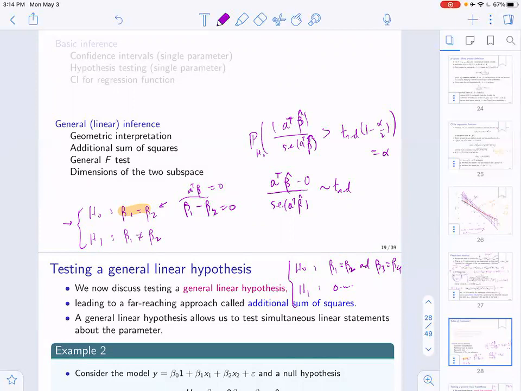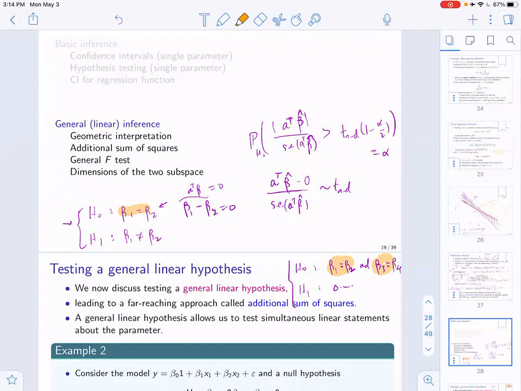Has anyone seen this before? This is an example of a multiple test, sometimes called multiple hypothesis testing. If I have two hypotheses at the same time as my null, it's actually a single hypothesis that contains two pieces. And I know how to test each individual one. How do I test them jointly?